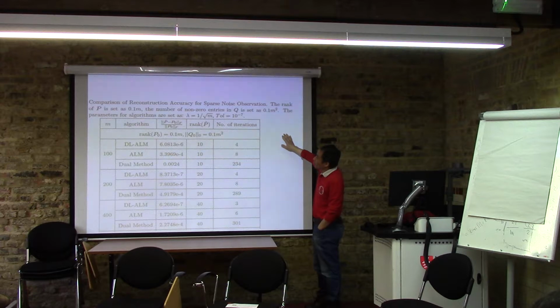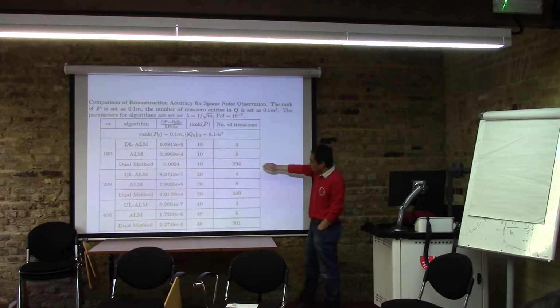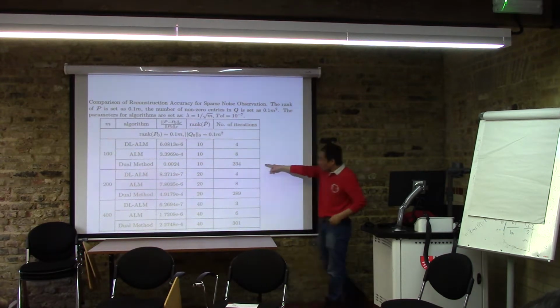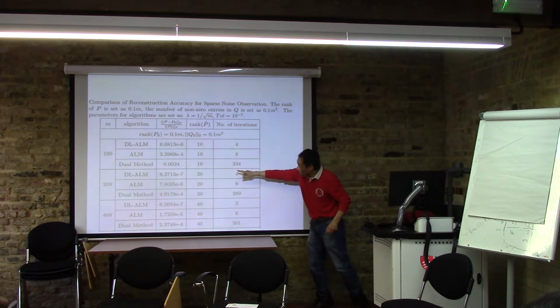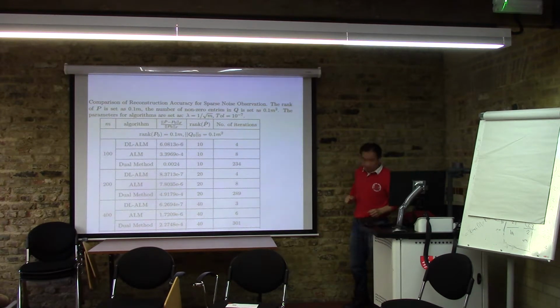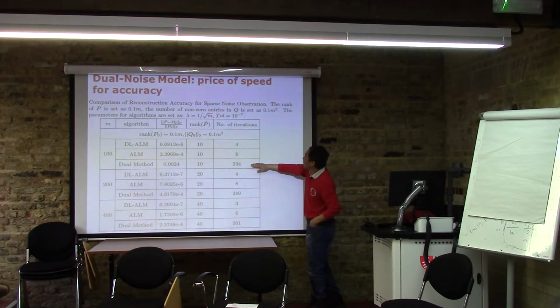We did some comparison between the original RPCA with the ALM algorithm and the dual noise. We can see this one can improve the accuracy, but pays the price of time.